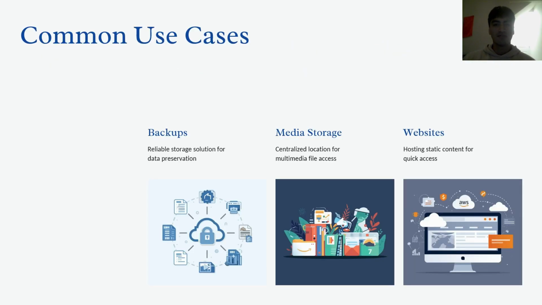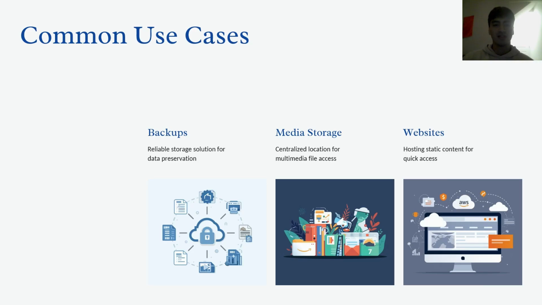Now that we understand the foundations of Amazon S3, let's focus on how it is actually used in real-world environments. Amazon S3 is not just a storage service, it is used by startups, enterprises, and cloud engineers every day to store, manage, and protect data at scale. Some of the most common use cases include backups, media storage, website hosting, and big data analytics.